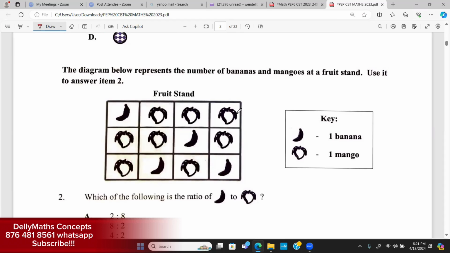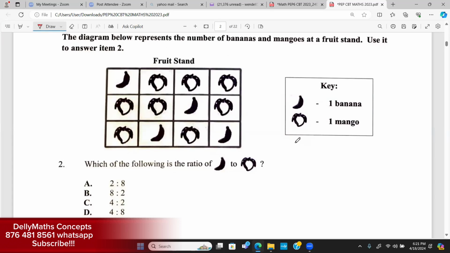The diagram below represents the number of bananas and mangoes at a fruit stand. So you want to use it to answer question 2. We're seeing the bananas and the mangoes right there. It says, which of the following is the ratio of bananas to mangoes? You want to focus on what comes first, banana. So we're going to count them off. 1, 2, 3, 4 bananas.